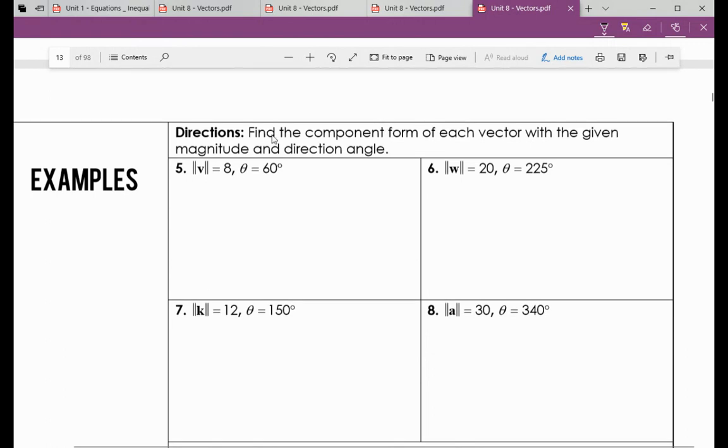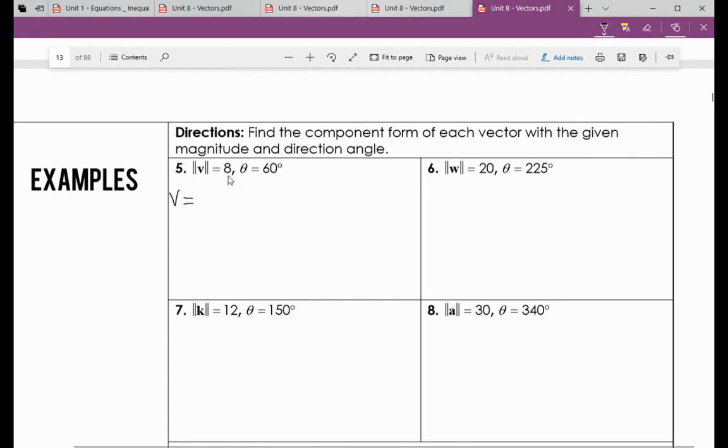So if we need to find the component vector for each of the vectors with the given magnitude and direction, they've given us the magnitude, which is great. They've given us the angle, which is great. So if I want to find the component form of the vector, not the linear combination, just the component form, because you can take every component form and turn it into linear by just adding the i's and the j's.